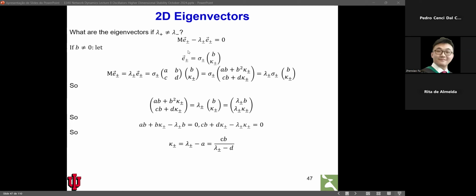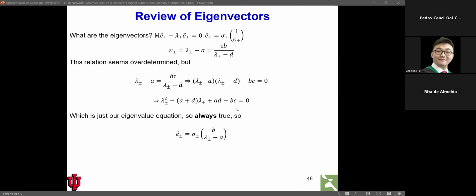But it's not the only way of solving this. If you have these things, you just put them there, and you have 2 equations, or 4 equations for each component. Then this is just our eigenvalue equation, so always true.